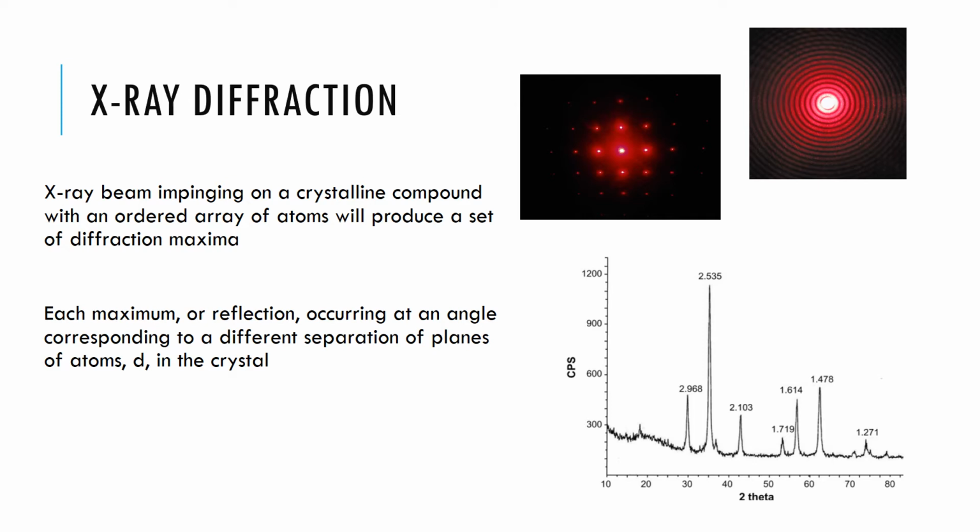Each one of these maxima or reflections occurs at an angle that corresponds to a different separation of planes of atoms. You can see that by analysing the individual peaks, we can start to get very detailed information about the spacing and orientation of atoms within our crystalline sample.